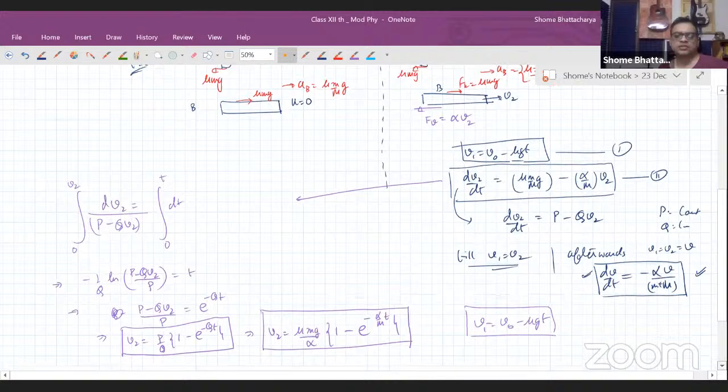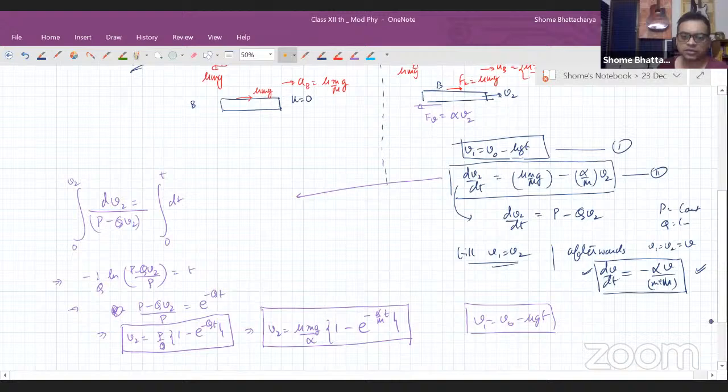Now, firstly, in the question you are just given that the viscous force is proportional to the velocity. It is not even given what the constant of proportionality is. So alpha is an unknown term for us here.